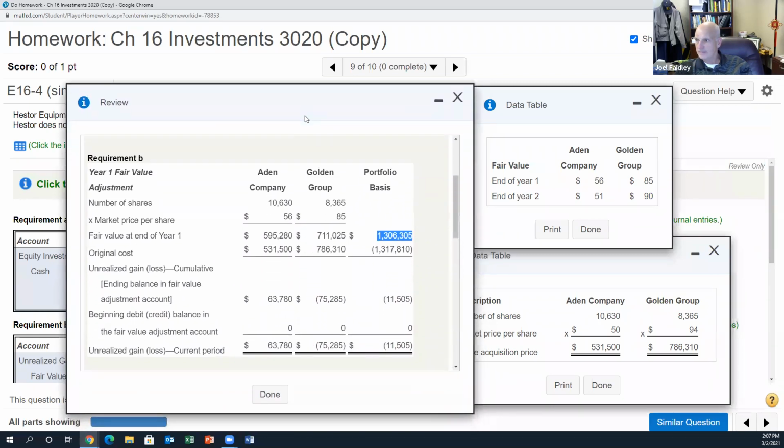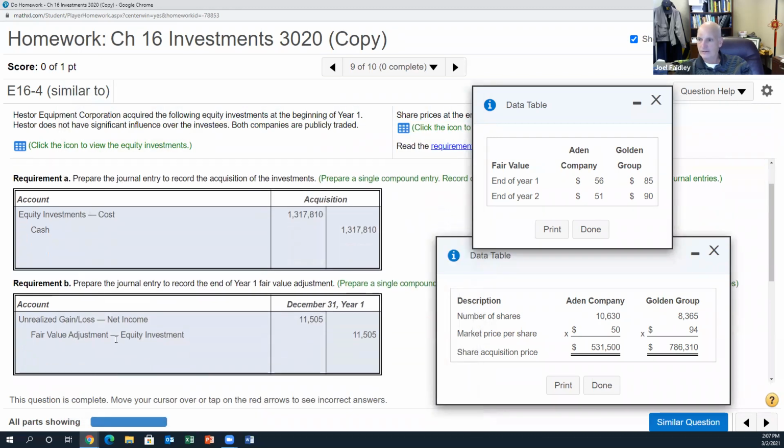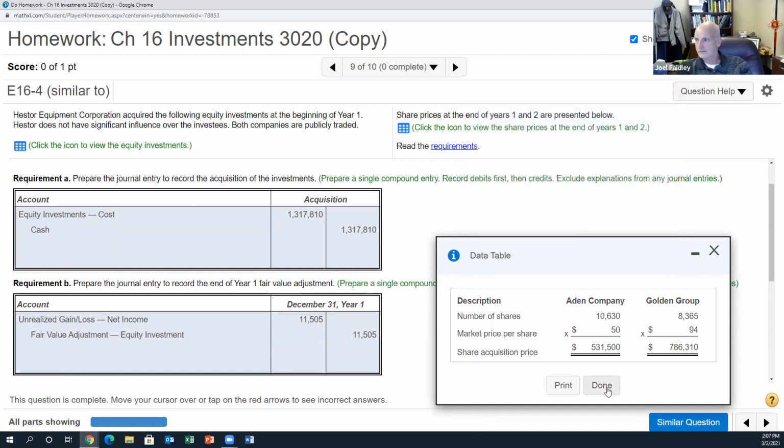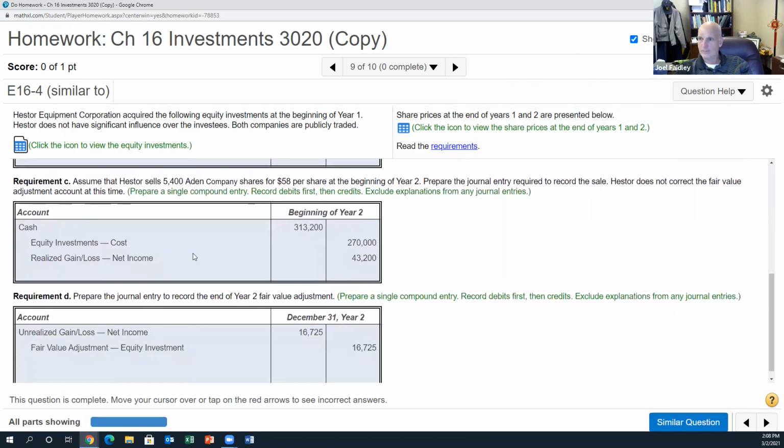And so we've got a loss of $11,505. And there wasn't a balance in there to begin with. So the $11,505 has to be input as a loss and fair value adjustment, a credit, which reduces my asset.